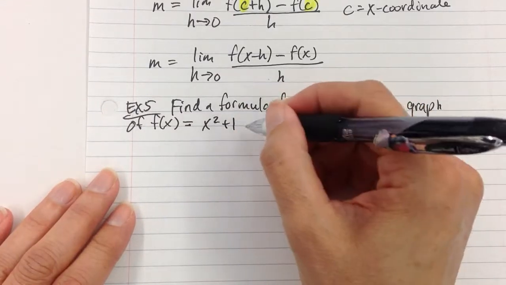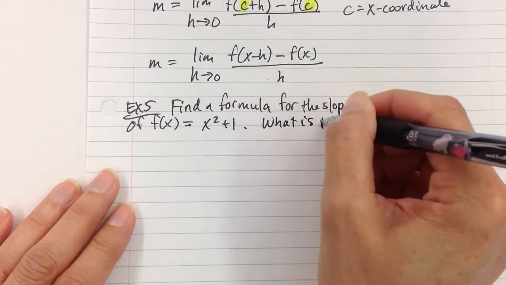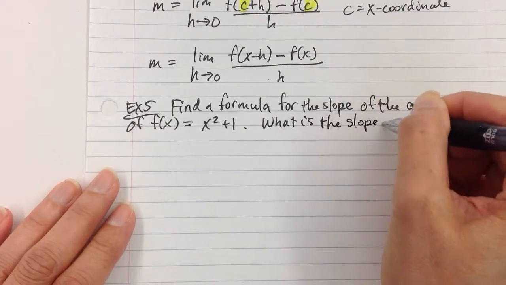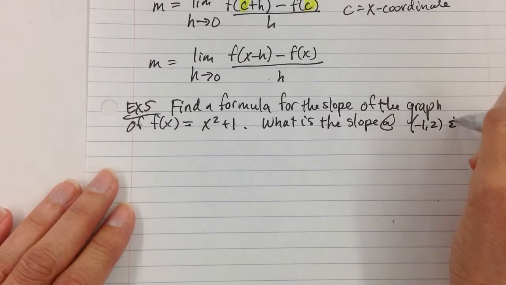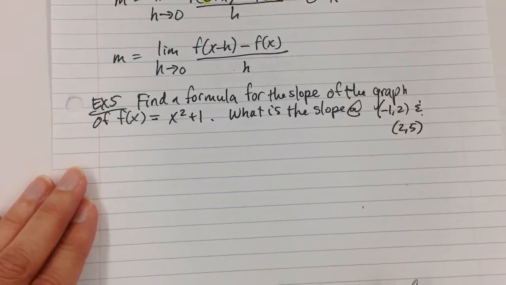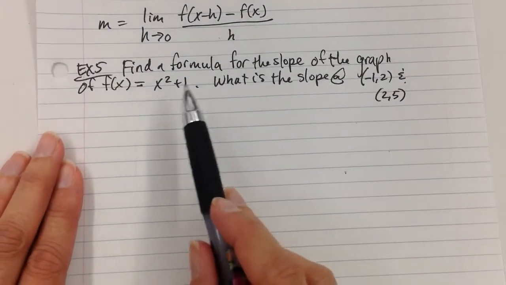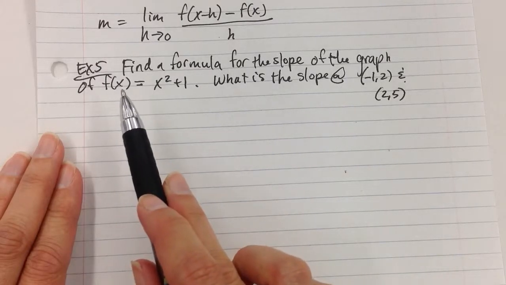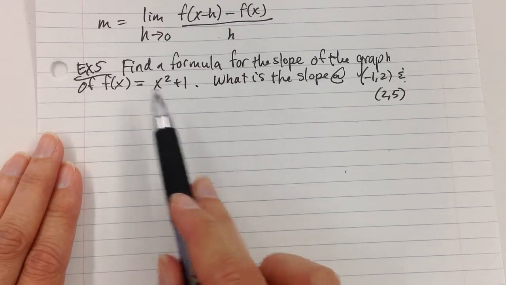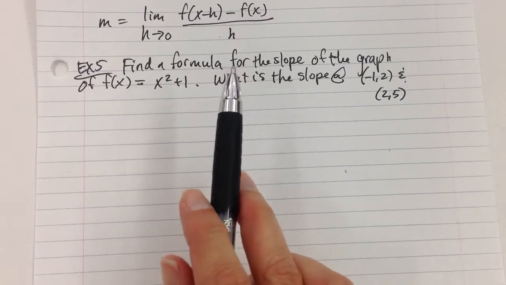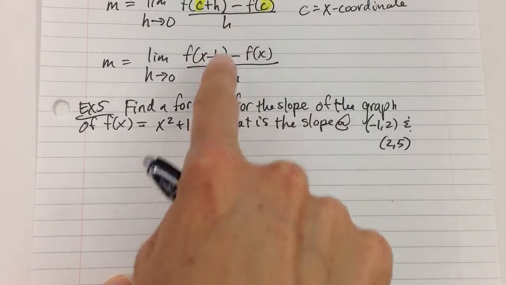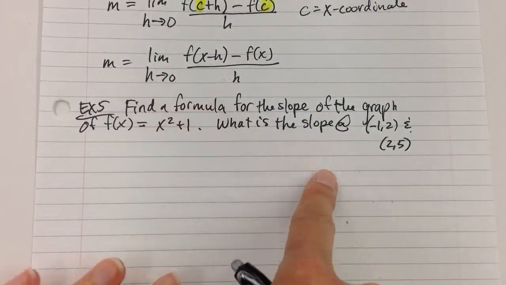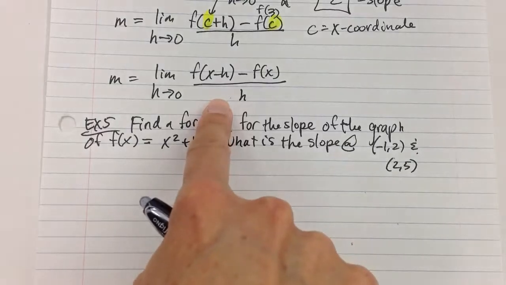What is the slope at the points, I'll just put the points (-1, 2) and (2, 5). So when they say find a formula, they just want the generic, okay? So they want you to use this equation when they say find a formula for the slope. When they say just find the slope at these points, then we want you to use this. So we're going to actually use this, okay?